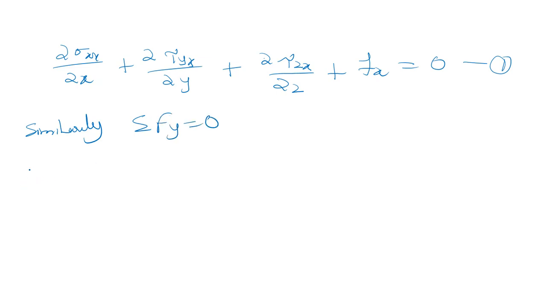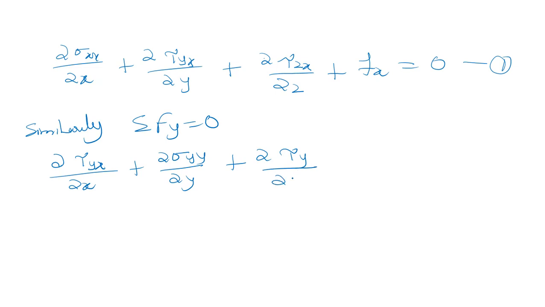Then we can write it as dou tau yx divided by dou x plus dou sigma yy divided by dou y plus dou tau yz by dou z plus f of y is equal to 0. This is equation 2, meaning the forces resolved in the y direction are 0.